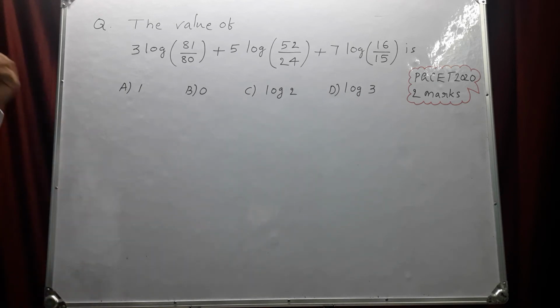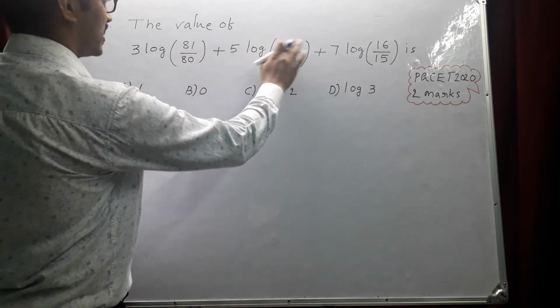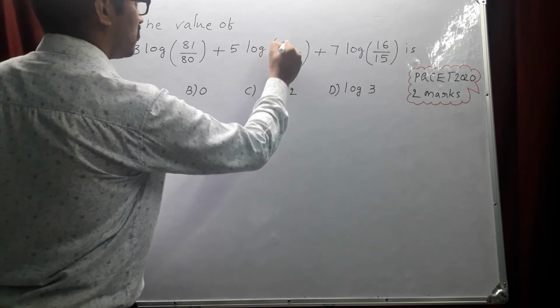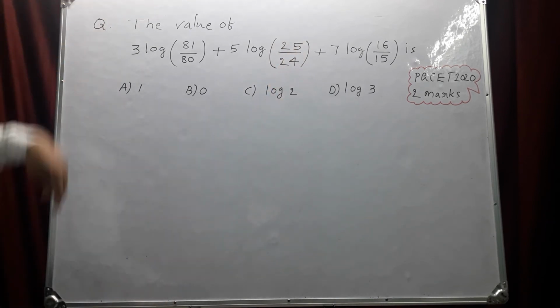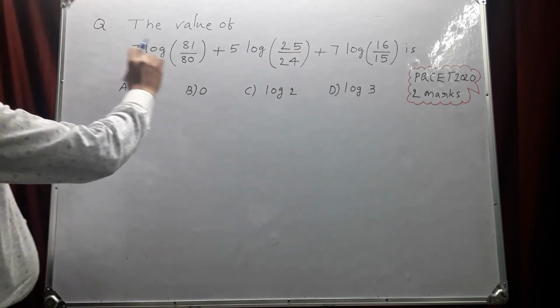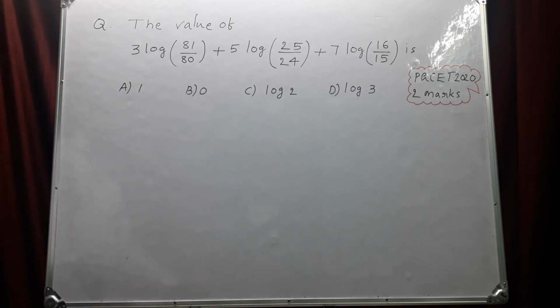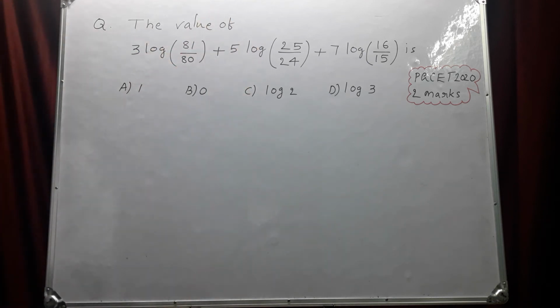This question was asked for 2 marks. It should be like this, 5 log 25 by 24, then you will get the correct answer. Since the question was wrong, you will not get any one of the options. So they have given the grace mark. So let us correct the question and let us solve this problem.